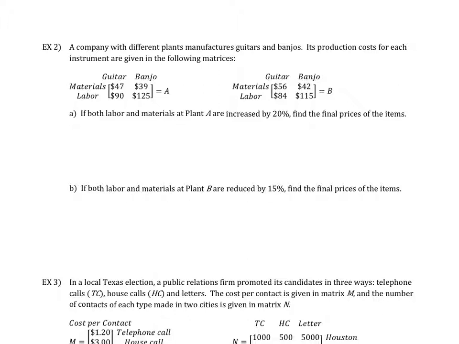So this is slightly different. It's going to use the idea from 1C in the previous slide, where we need to multiply the entire matrix here by 20%, or 0.2. But that's not going to give us the final answer. So let's just go ahead and do that first and talk about what the final answer will be in a few seconds.